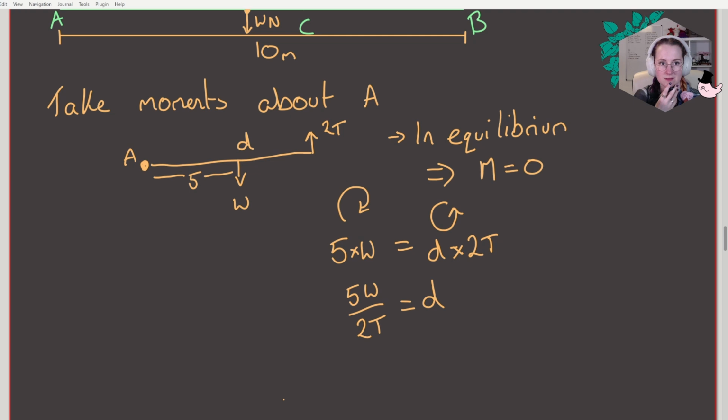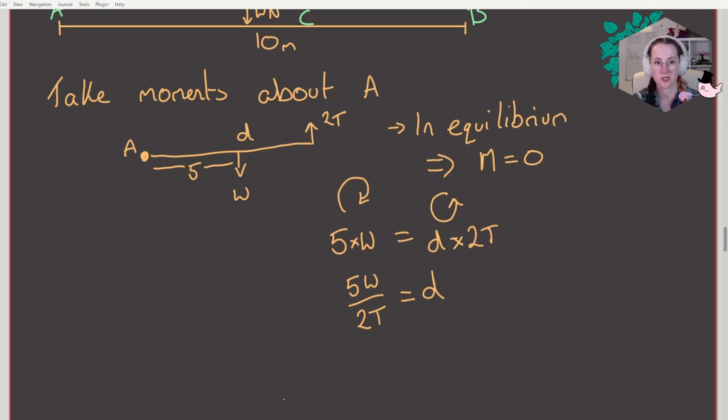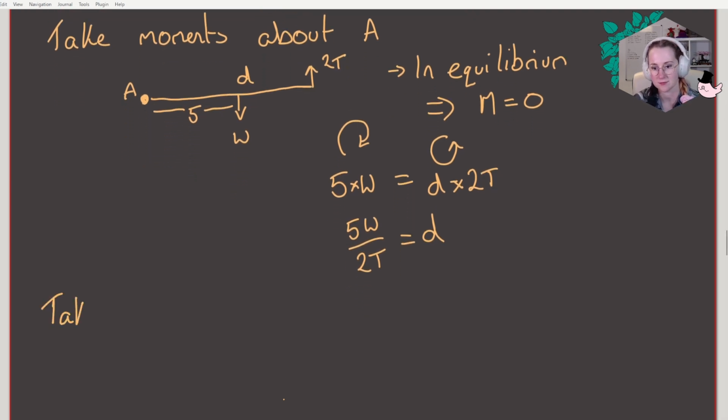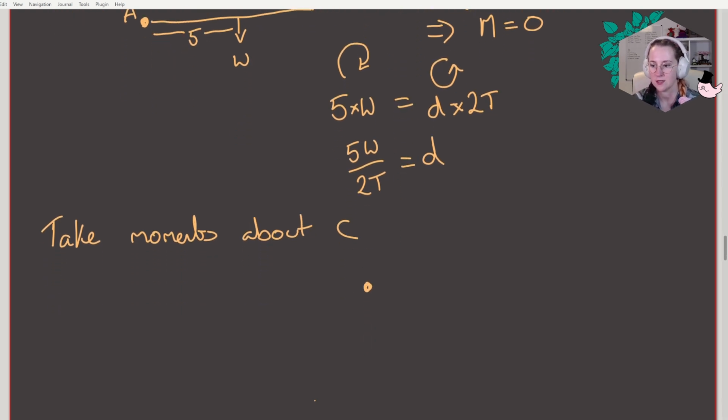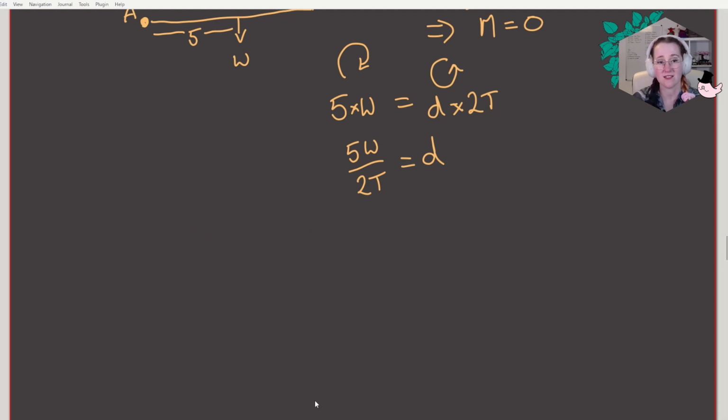So instead, what we can do is look at moments about C. Okay. So now taking moments about C. So we have... no. Every time I say I'm not going to make a mistake this episode, I'm going to do it properly.